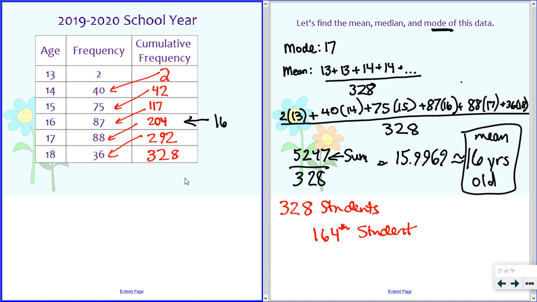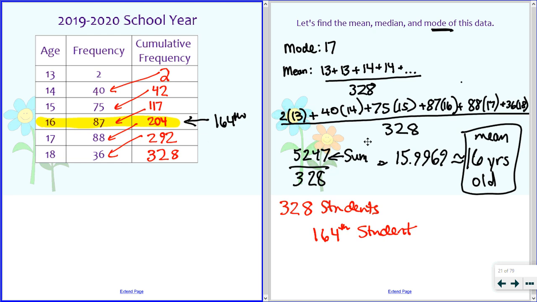Our 164th and 165th student are going to occur in this category because in the 15-year-olds, we only get to the 117th student. Okay, we have to go into the 16-year-olds to get from the 118th student all the way to the 204th student.